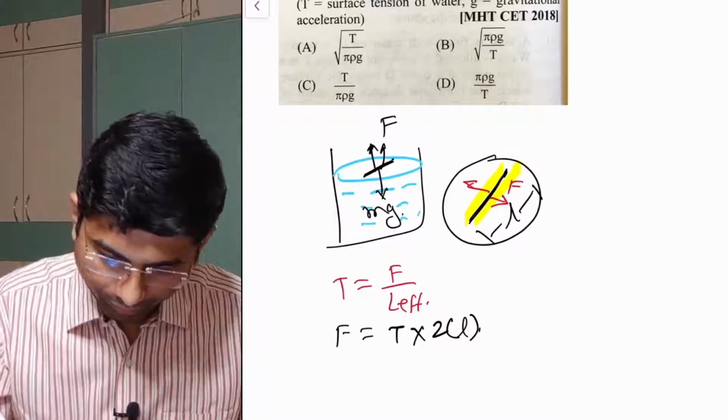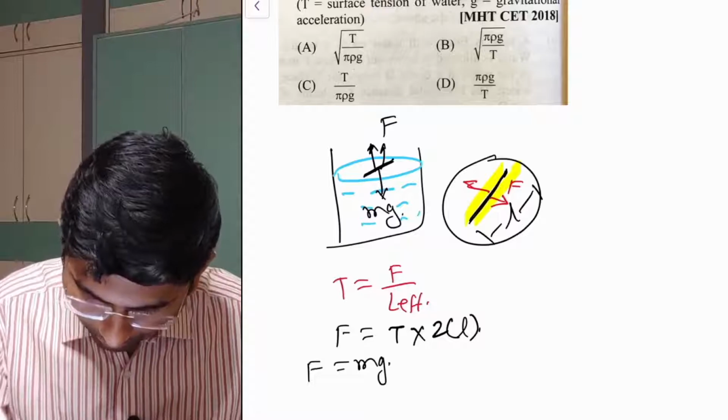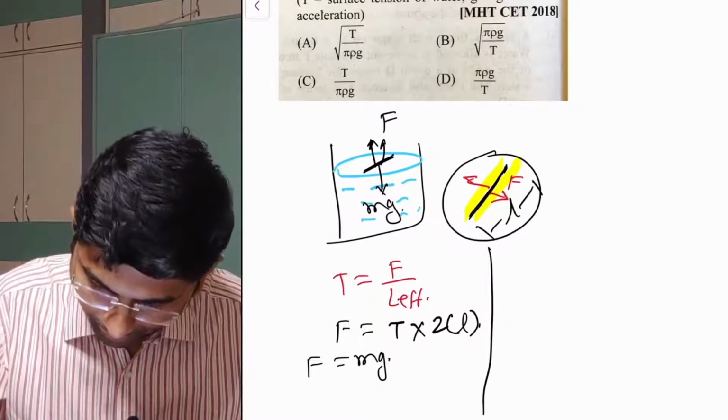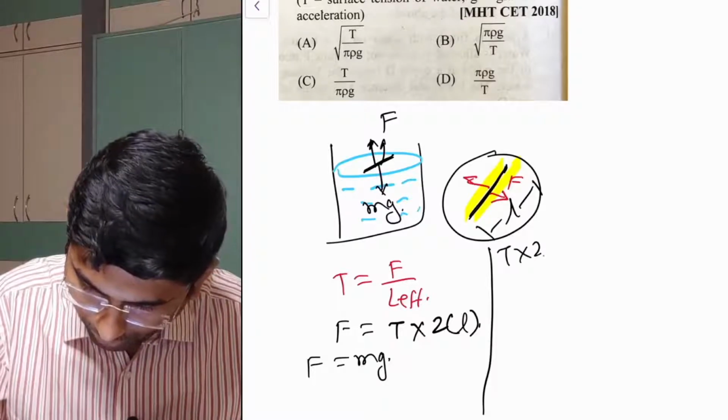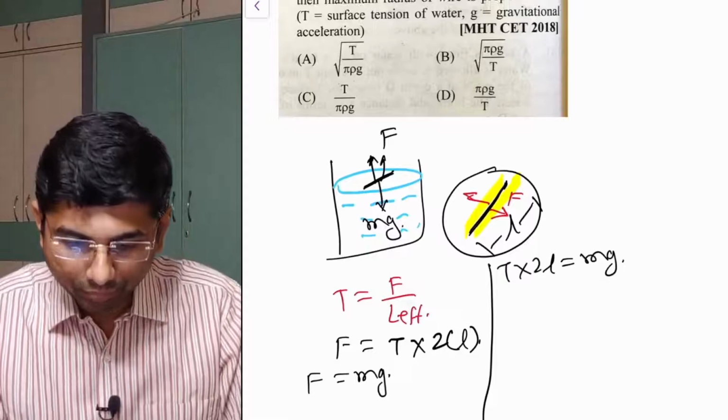Now here I can say that F is equal to mg. What is that F? F is equal to T into twice L is equal to M into G. Now the things are not given in terms of mass.